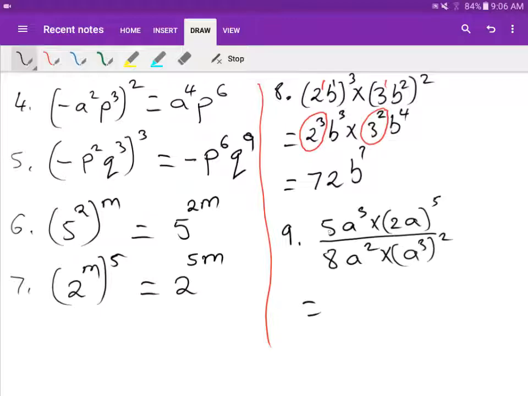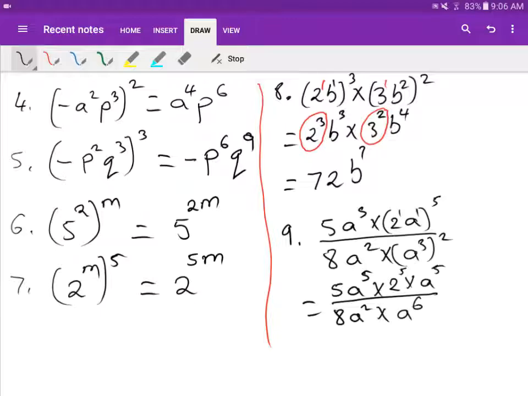So this one here, 5 times a to the power 5. I just write it down. Now this is 1, this is 1, don't forget. So that means 2 power 5 times a power 5, all over, I write it down, a squared times a to the 6.